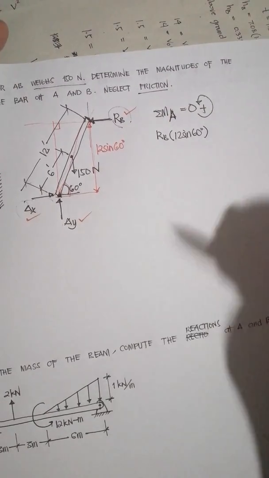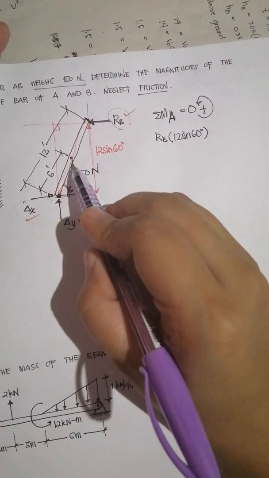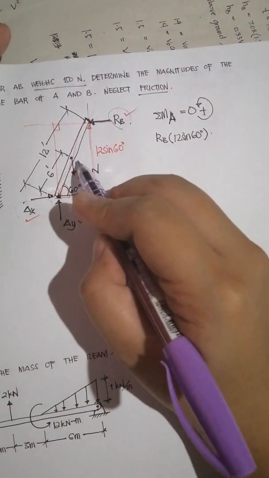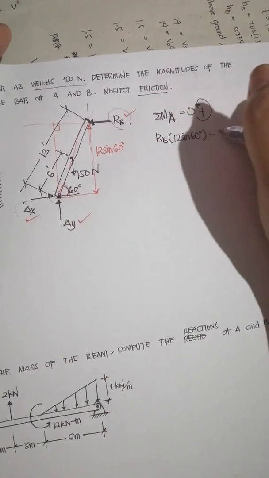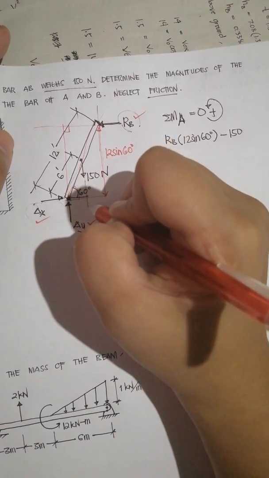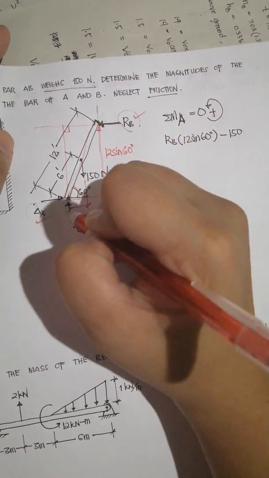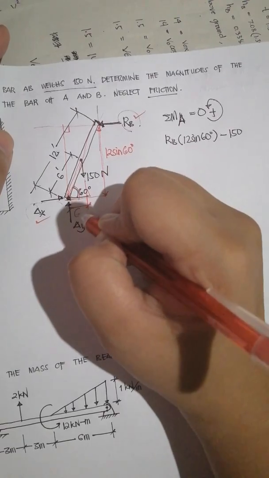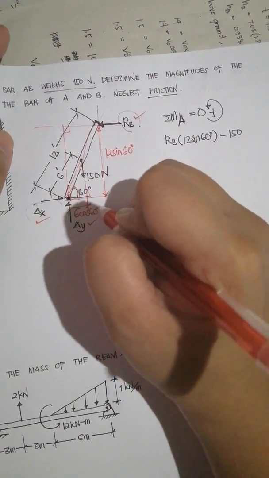Next, we have the 150 newton weight. Rotation about A is clockwise, so we have negative force 150. The perpendicular distance is this one. This is 60 degrees, so therefore this is 6 cosine 60.